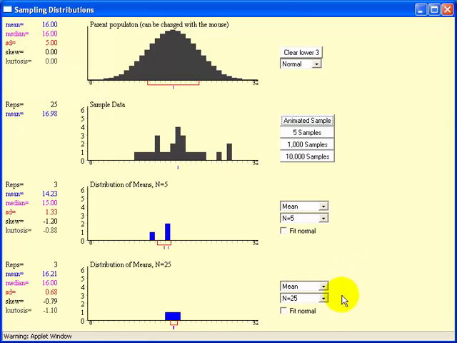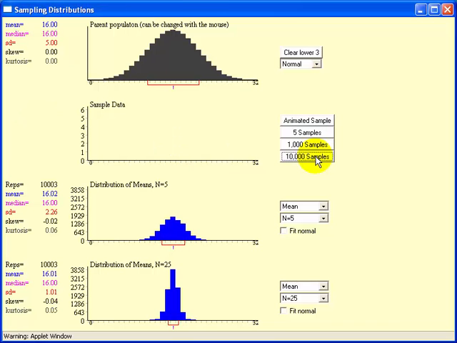I'll also do the same thing down here, but those 10,000 samples will be of sample size 25. And then I'll get the resulting sample means plotted here. Let's see what it looks like. Oh, that didn't take long.